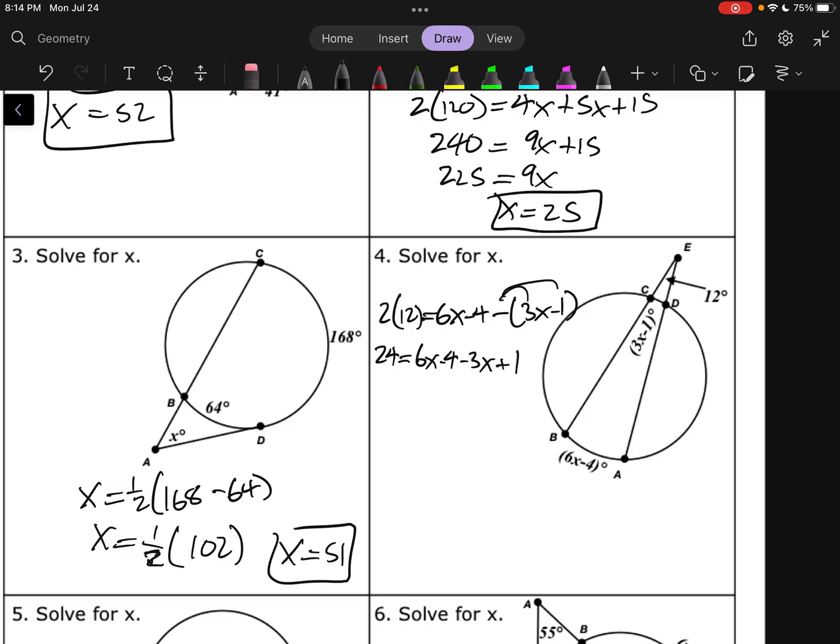That is a little tricky when you're distributing the -1, then the 3x minus 1 becomes a minus 3x plus 1. So this would be 24 is equal to 6x minus 3x is 3x, minus 4 plus 1 is minus 3. Add the 3, we get 27 is equal to 3x, so x should be 9.